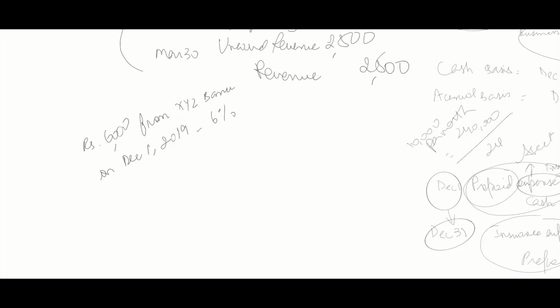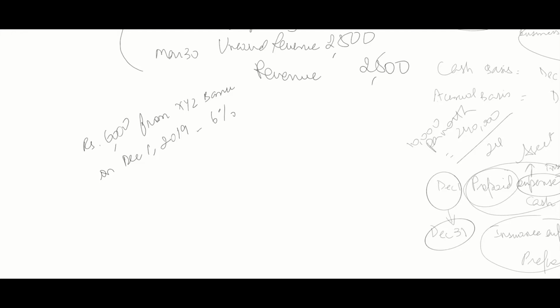Now, on December 31st, 2019, one accounting period is going to end, the accounting period of 2019. When we are going to work on our financial statements and closing the year, we have to make an adjusting entry for the interest of a month. How am I going to do this? The interest on 6,000 is 6%.